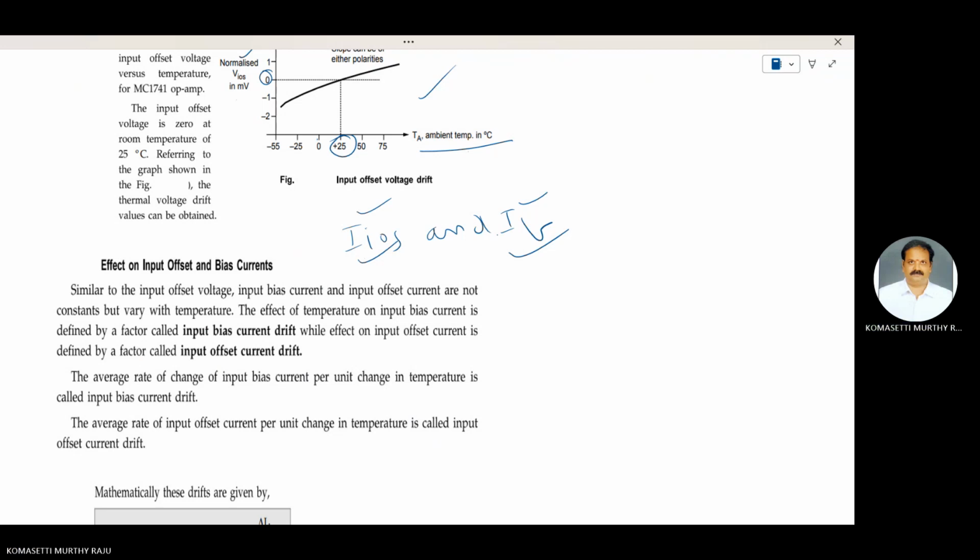The average rate of change of input bias current IB per unit change in temperature is called input bias current drift. The average rate of change of input offset current per unit change in temperature is called input offset current drift.